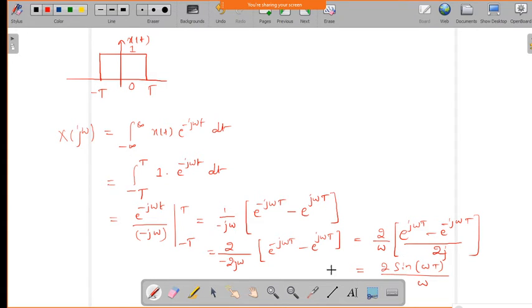So this is the Fourier transform of the rectangular pulse.